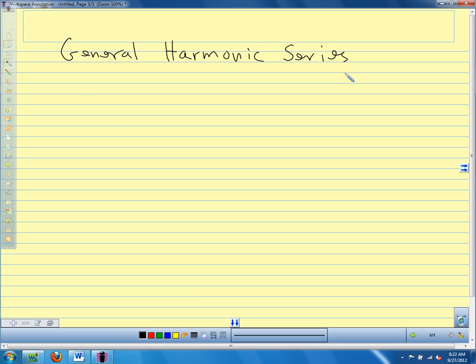So we want to look at the sum n equals 1 to infinity of 1 over an plus b, where a is greater than 0 and b is greater than 0. Now it would be very tempting. What do you think we would want to do here?